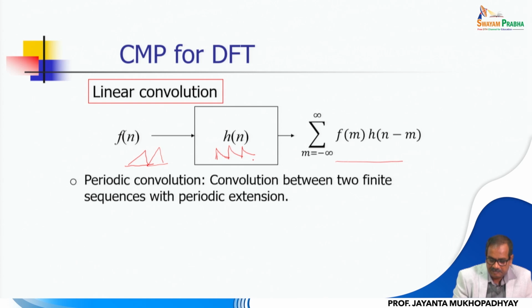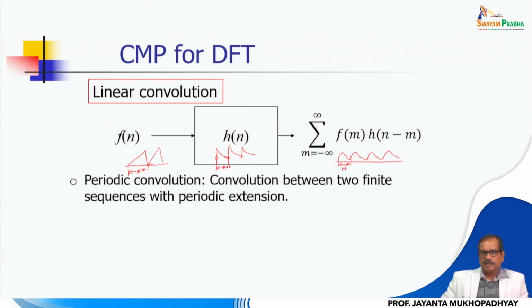Then you will also get some response, maybe something like that, which will also be of the same period. Suppose this is the period N, and this is also of period N, and this is also of period N. Now, if they are not of the same period, then this property does not hold. Then you won't get the periodic output.